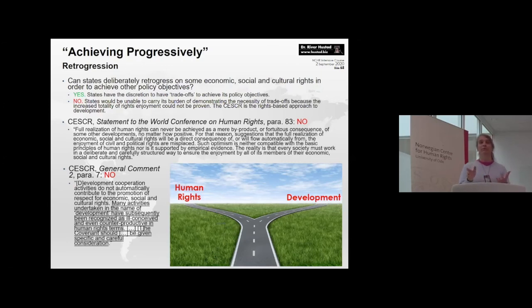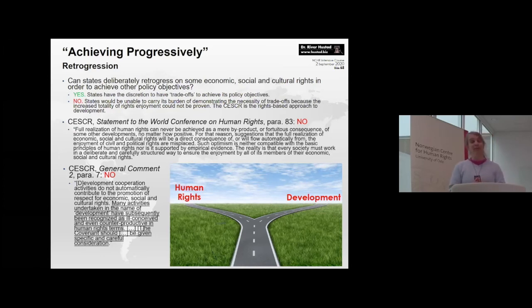Well, both the statement to the World Conference in 1993 and General Comment number 2 say that development cooperation activities do not automatically contribute to the promotion of respect for the rights. Many activities undertaken in the name of development have subsequently been recognized as ill-conceived and even counterproductive in human rights terms. The covenant should be given specific and careful consideration.